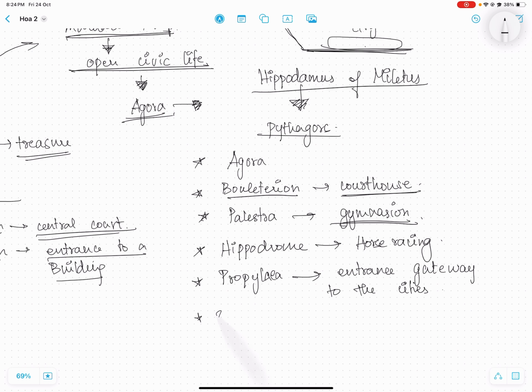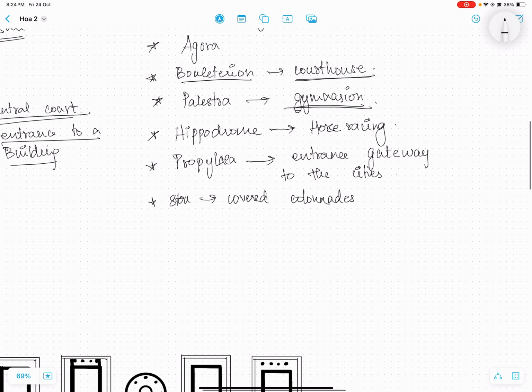And Stoa, which is a covered colonnade which was present in most of the public buildings in the front porch and areas like that. So, covered colonnades. Stoa.